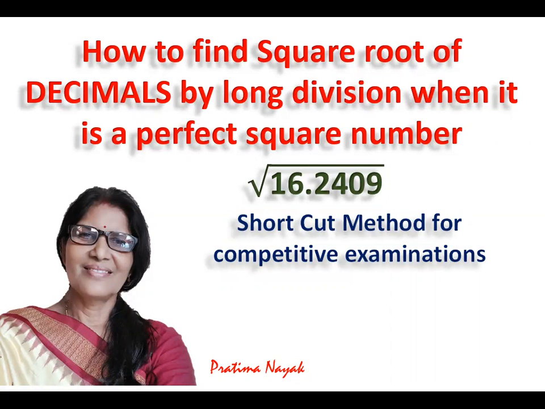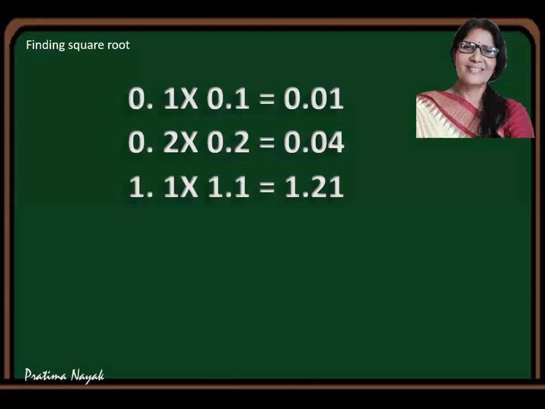So let us begin. First, you see the pattern before going to the division method for the square root. If I multiply 0.1 by 0.1, or 0.1 square, you get 0.01. That means the square root of 0.01 is 0.1.